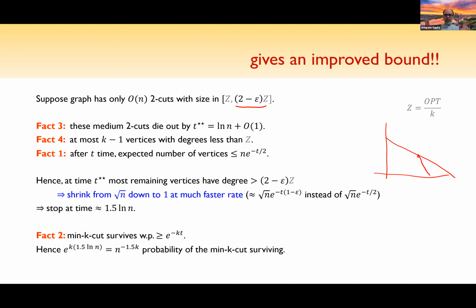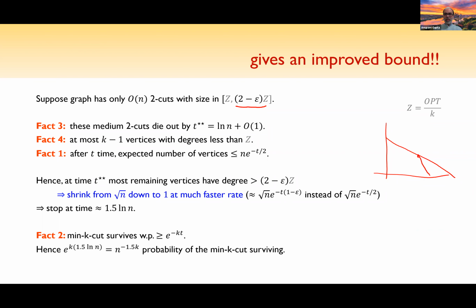So what's the point? Maybe let me summarize. What we said was, look, there are few cuts which have few edges. Most cuts have a lot of edges. I would love to say this right from the beginning, but I can't. There are a linear number of cuts which have at most 2z edges, but they're going to disappear pretty fast. Then the graph is denser than my previous analysis was giving.